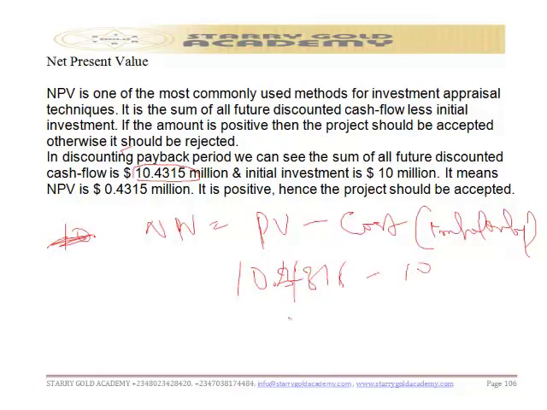So it gives us 0.4315, and let me say $0.4315 million. So our NPV is positive. The machine or the investment is supposed to be accepted. That's our NPV. It's just like that. And after the NPV, we have accounting rate of return.